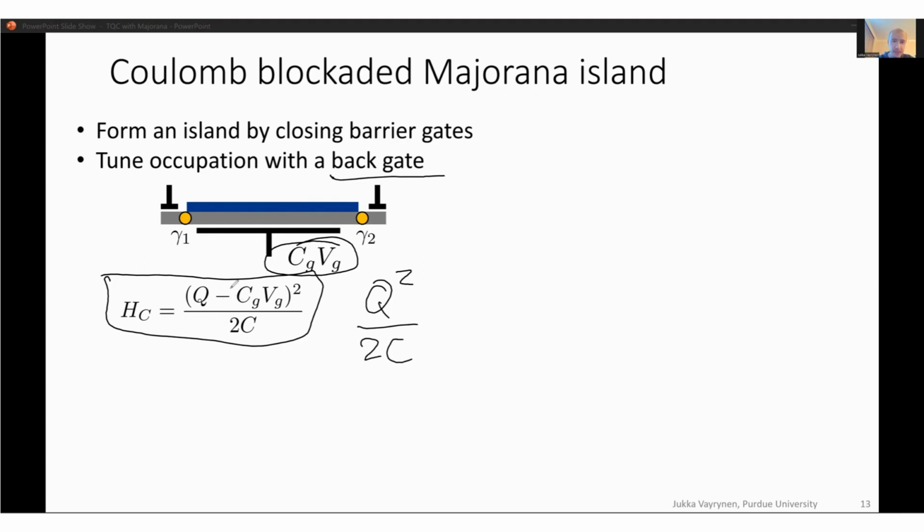With this backgate, you can shift the charge of the capacitor. So there is this shift CG VG that we can implement with the backgate. That means that by controlling VG, you can change the number of electrons, you can change Q, in this nanowire.